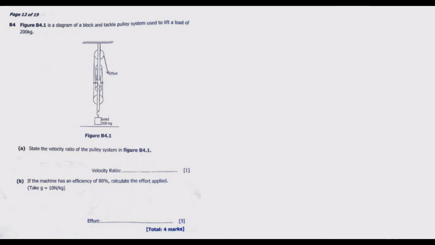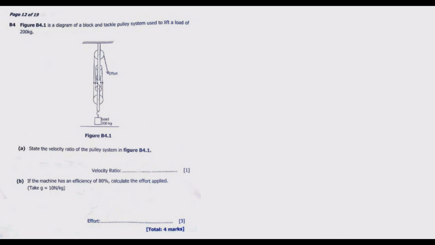Let us look at question B4. Figure B4.1 is a diagram of a block and tackle pulley system used to lift a load of 200 kg. State the velocity ratio of the pulley system in figure B4.1.